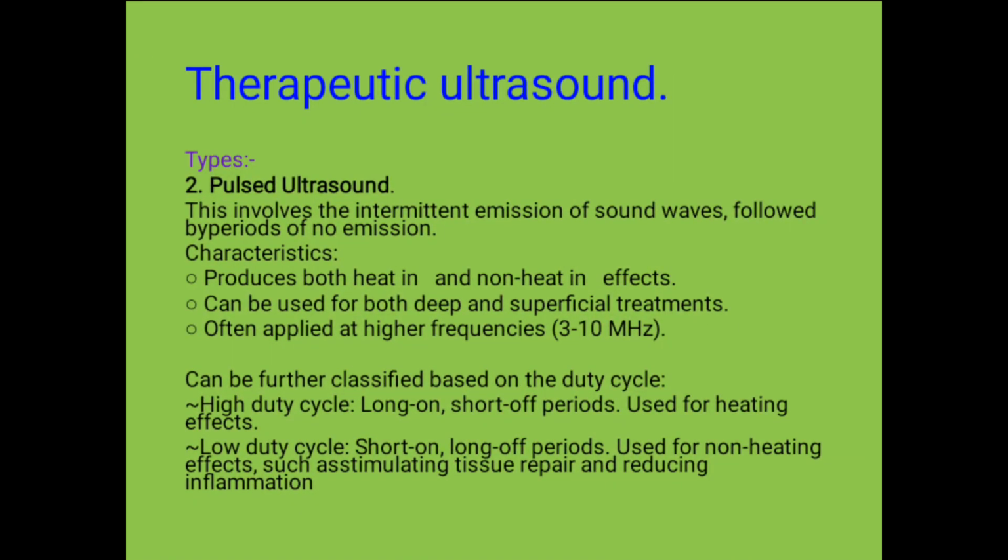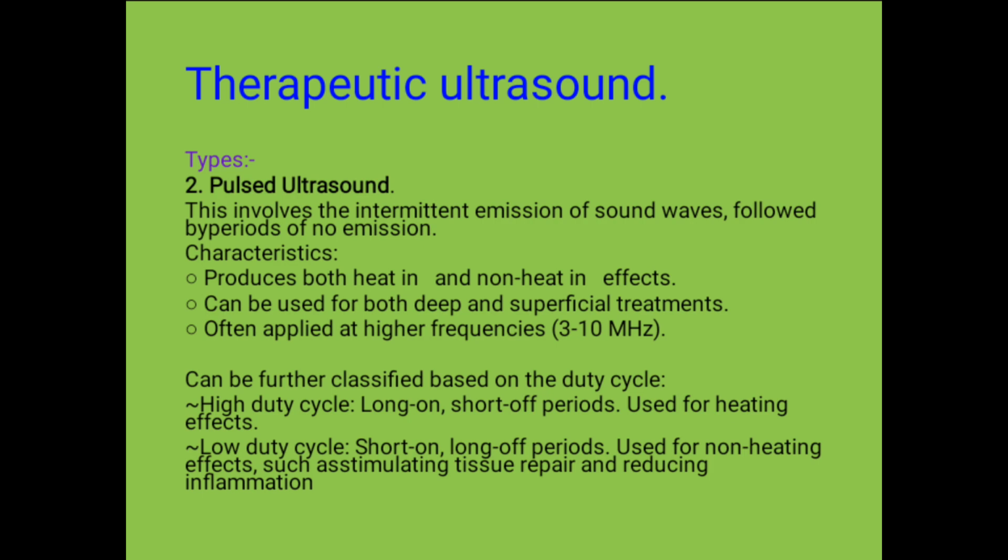So pulsed ultrasound will involve the intermittent emission of sound waves followed by periods of no emission. So in simple terms, you find that in pulsed ultrasound, there is a period of continuous emission, then it stops. There will be no emission of the sound waves. That is what we mean by pulsed ultrasound.